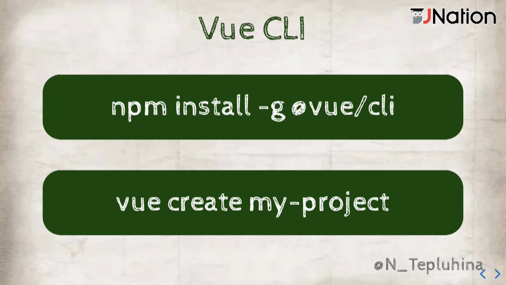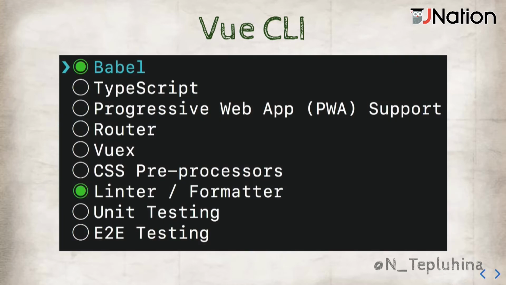You can just type vue create my-project, and the boilerplate will be created with some options. Exactly this, and see, TypeScript tooling is great, like Marcus said. And it's actually the first moment when you can see Vue CLI plugins.